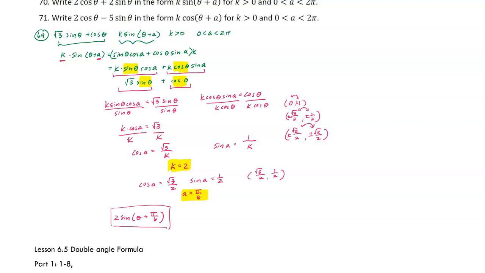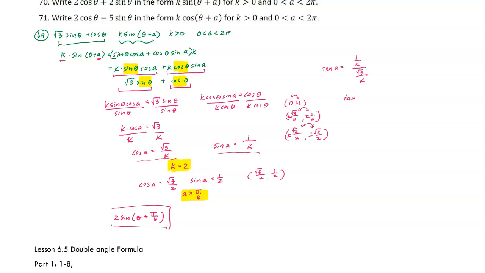Okay, another way of solving this is to find tangent. So tangent of a, using these two, is going to be 1 over k over square root of 3 over k.